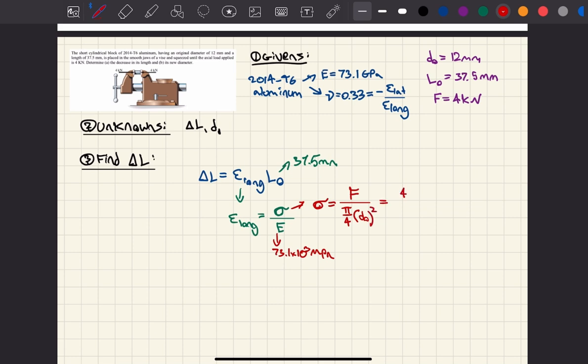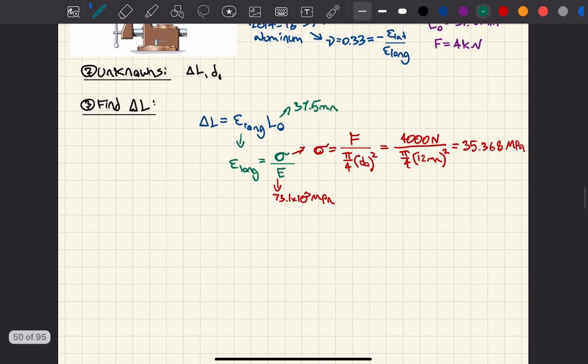So this is going to be 4,000 newtons divided by pi over 4 times 12 millimeters squared. You're going to end up getting a value of 35.368 megapascals.